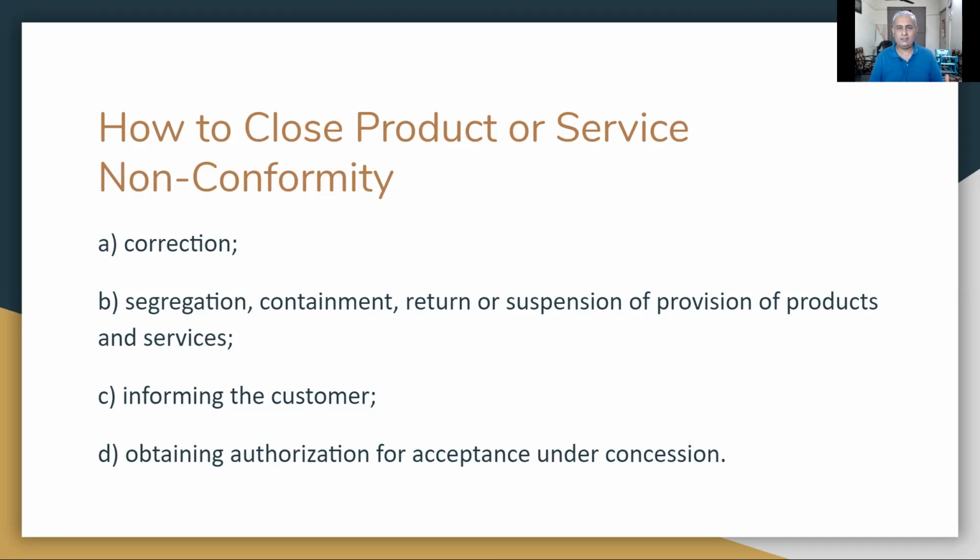So if the length which was supposed to be 12 inches is 11.4 inches, can we increase the length to 12 inches so that the box can comply with the client requirements? If this is the action which we can take, this is termed as a correction of a product non-conformity.